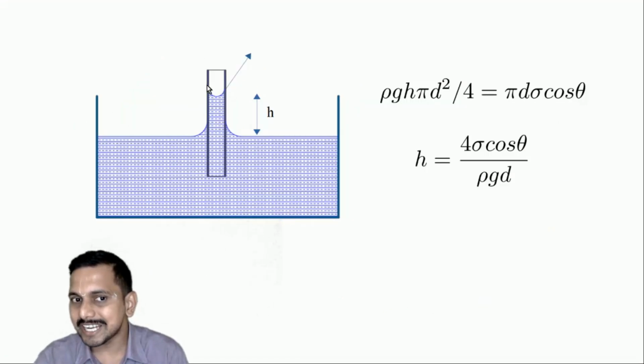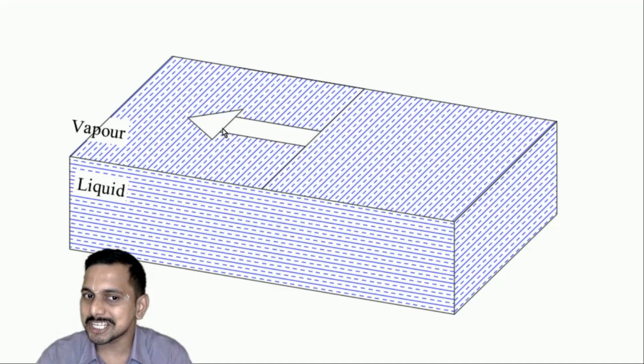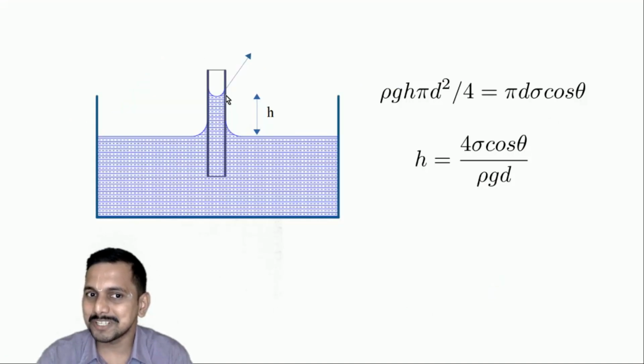Now, you see which is the direction in which it is going. This is the direction in which the force is there. Are you observing this? And here this theta is the angle between this and this, which is called the contact angle. Okay. Now, the contact angle for a glass with water is generally acute angle.